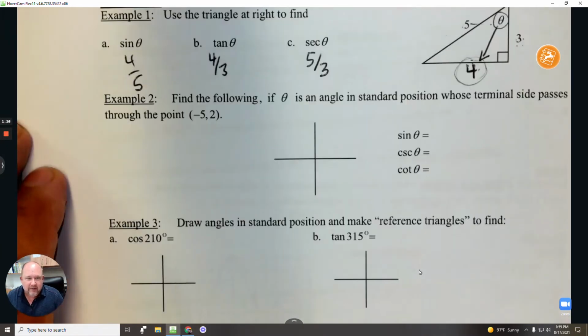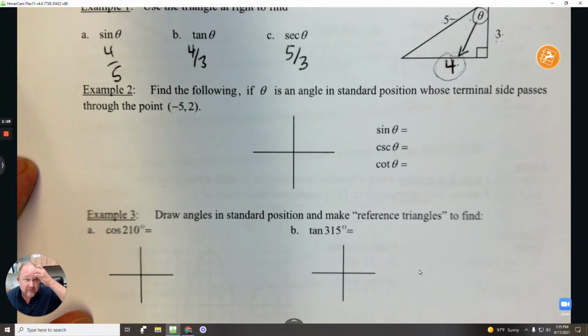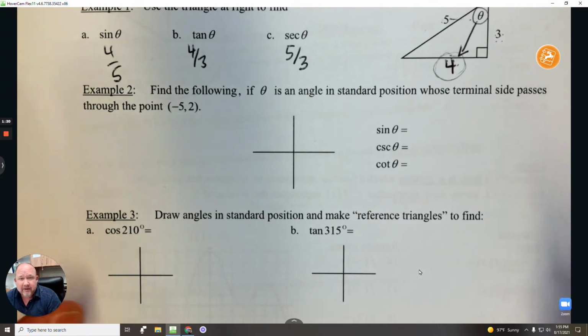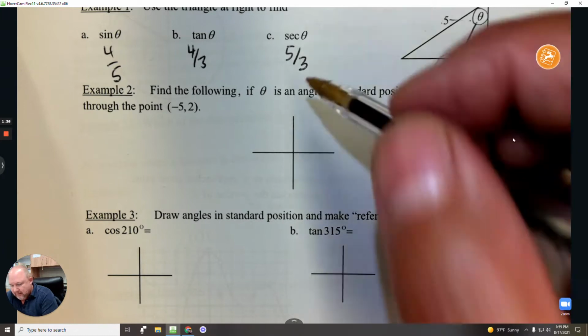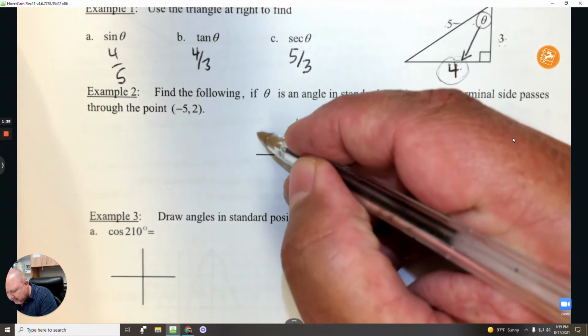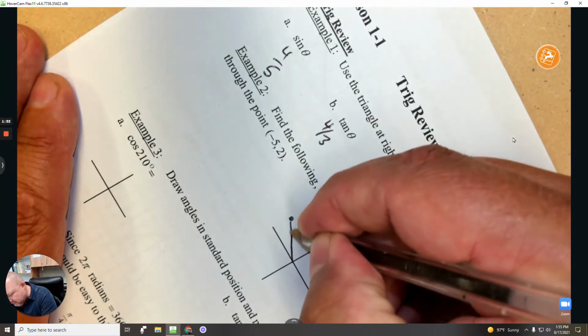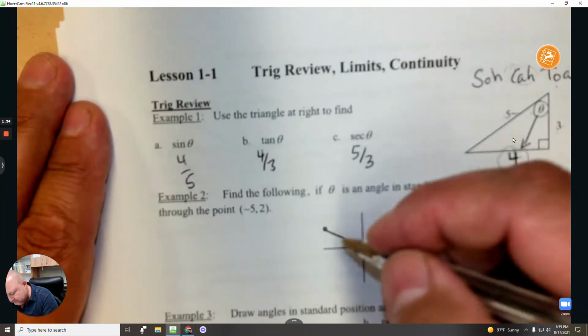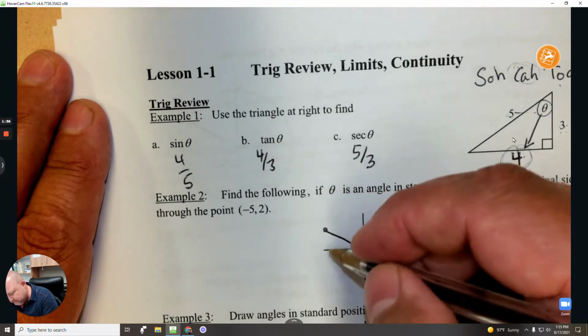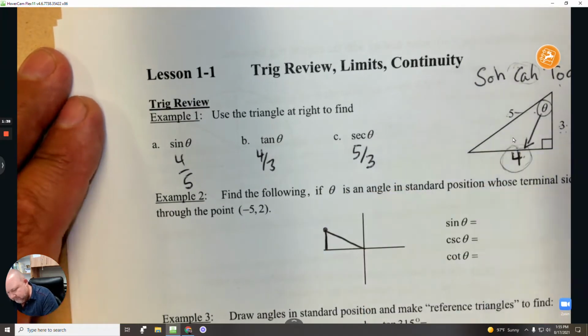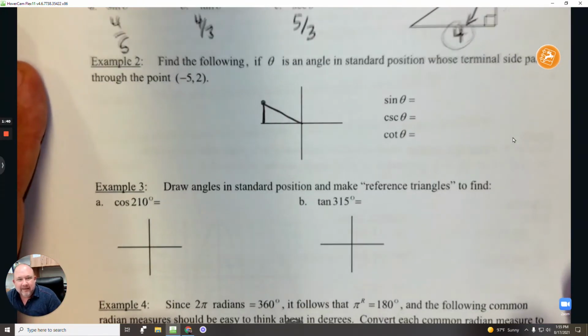Example number 2. Find the following if theta is an angle in standard position whose terminal side passes through the point -5, 2. Can you find these trig values? Well, let's plot. -5, 2 is approximately right there, let's say. Let's draw this. Let's label it.